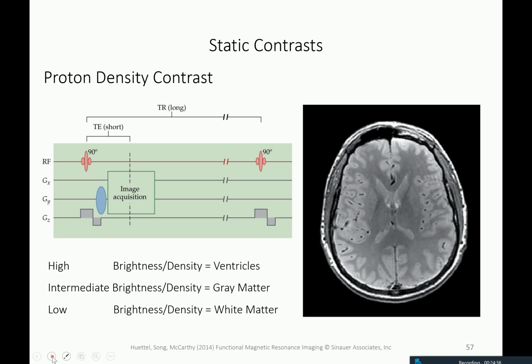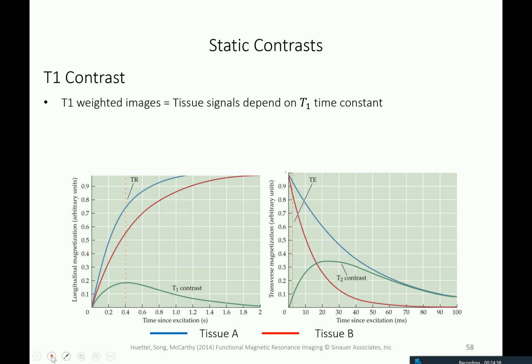What you come across more often is that you want to look at T1 contrast, and that means that you are interested in tissues that differ in their T1 time constant. So you are interested in detecting T1 time constant differences.